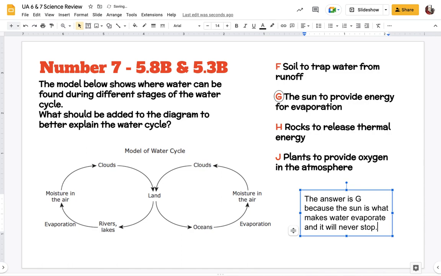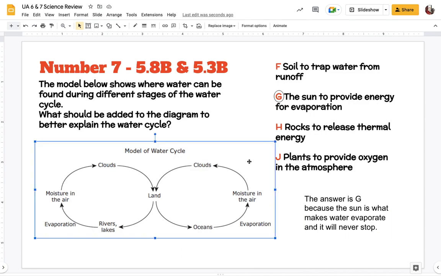All right, because the sun never stops and the water cycle never stops. So again, they both have something in common. Eventually, one day the sun may stop, but it's not going to happen anytime in our lifetime, so no need to stress about that one.